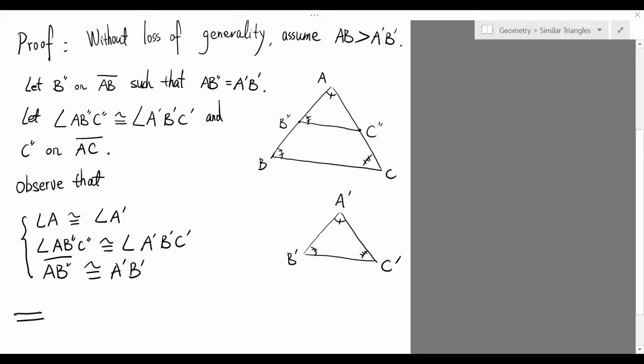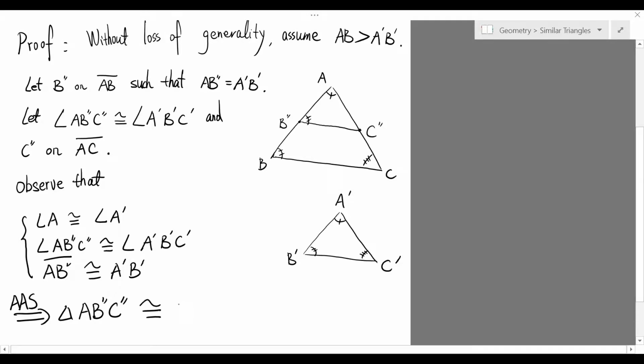Therefore, by the angle-angle-side congruence condition, we conclude that the triangle AB double prime C double prime is congruent to the triangle A prime B prime C prime. Consequently, we have AC double prime equal to A prime C prime.